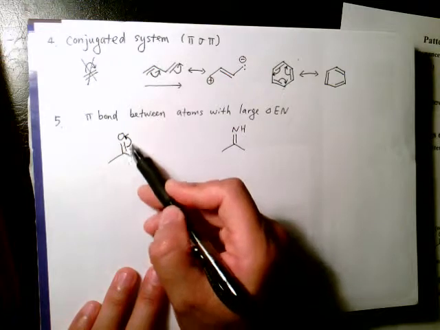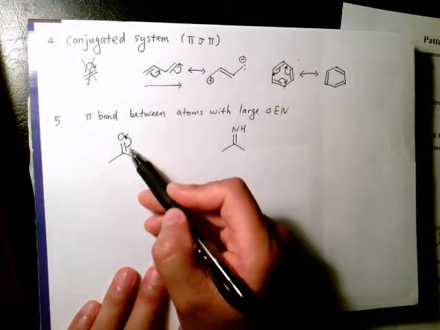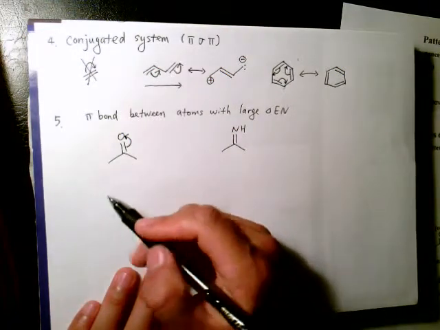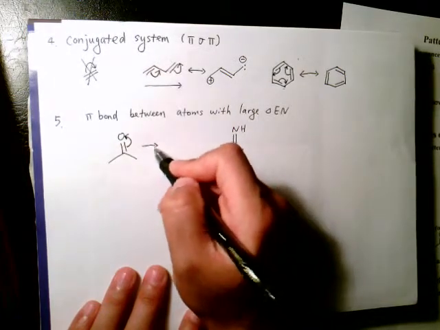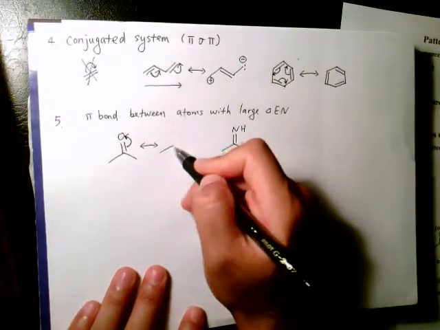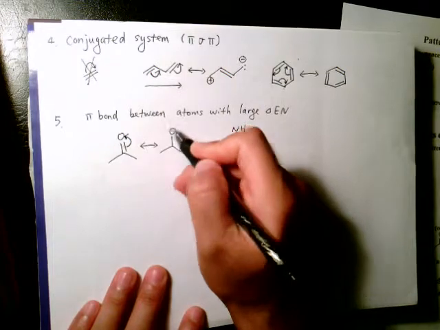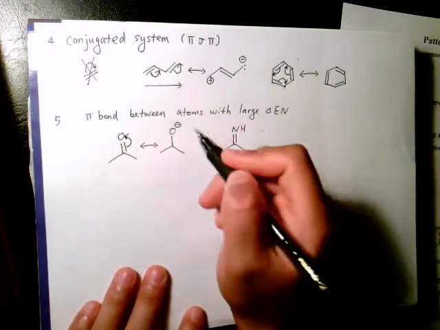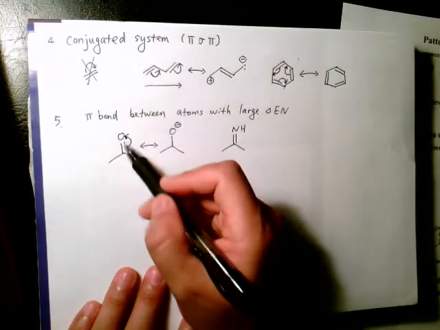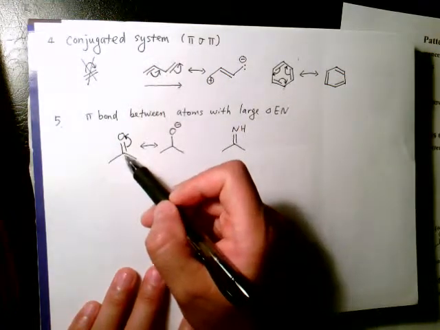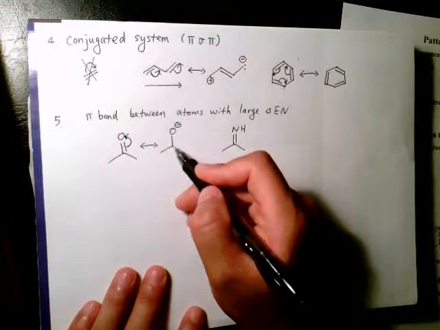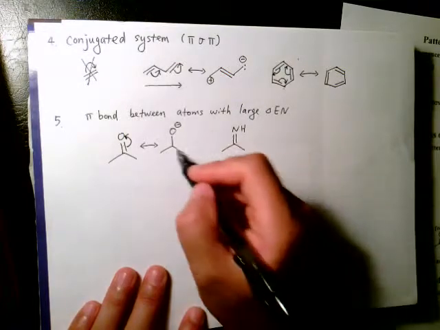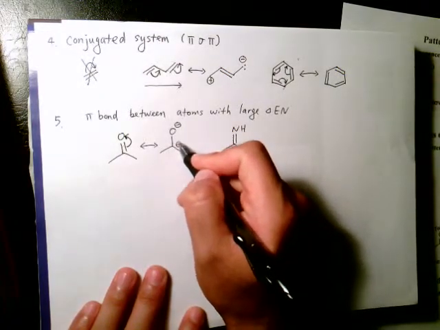This just makes the electrons closer to oxygen. As a result of this movement, we are going to have this as our new resonance structure. So that oxygen becomes negative because it accepted an electron that was initially shared from carbon, and this carbon of course lost that shared electron and becomes positive.